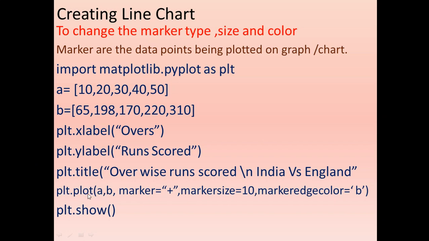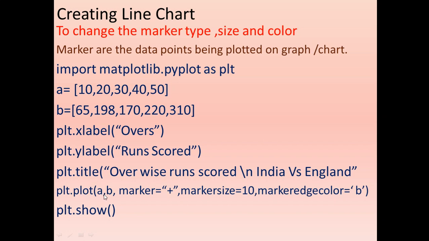So for plt.plot, whatever arguments you specify for setting the different styles of the graph, all the arguments must be given under the plot function. I am not using any argument in xlabel, ylabel or show. Show will remain blank. Without the argument it will be there, but to specify the different styles for the graph you will be using the plot function.